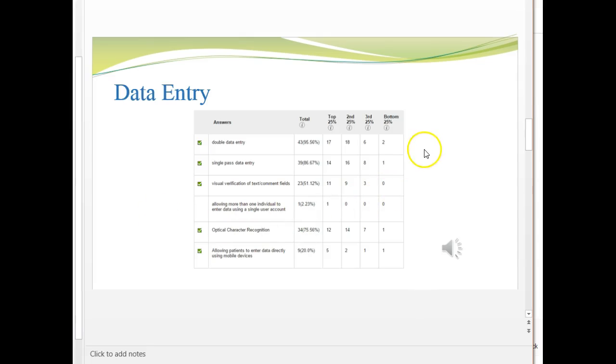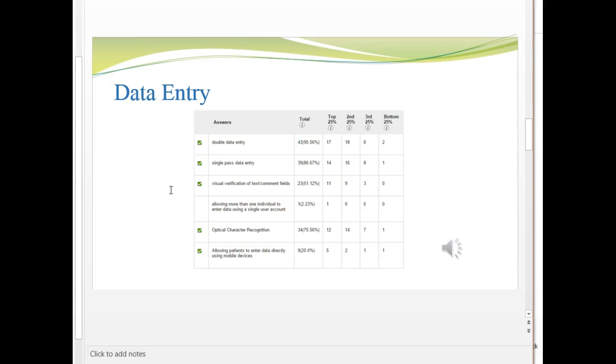Okay, so essentially with data entry, there are various types of data entry that are acceptable in the industry. Double data entry is where two people enter the same data and then you compare it. Single passive data entry is where one person enters the data and nobody does a second entry of it for comparison. Visual verification of text or comment field.